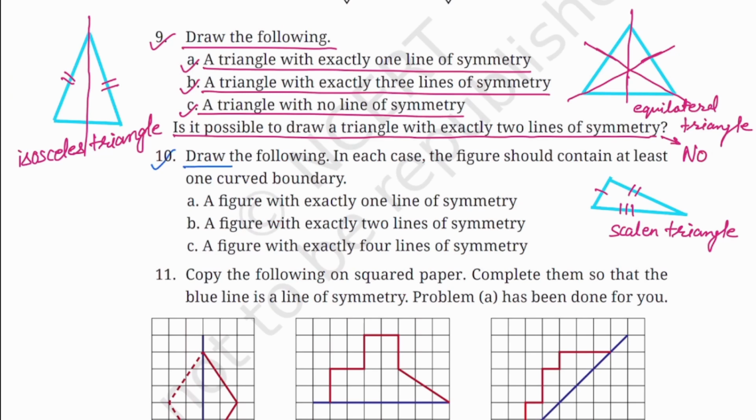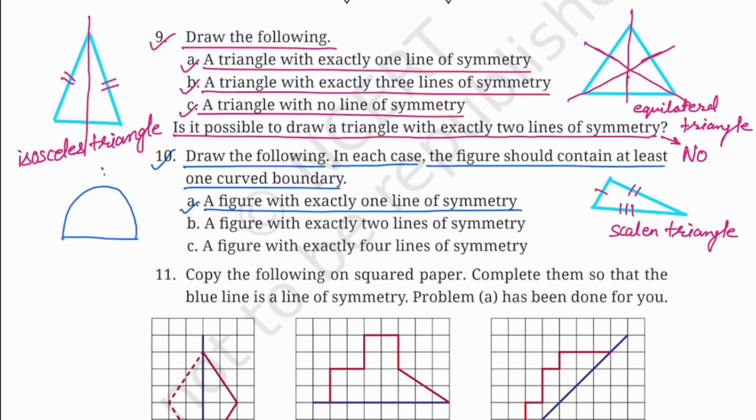10. Draw the following. In each case, the figure should contain at least one curved boundary. A. A figure with exactly one line of symmetry. You can draw a shape like this, having exactly one line of symmetry.